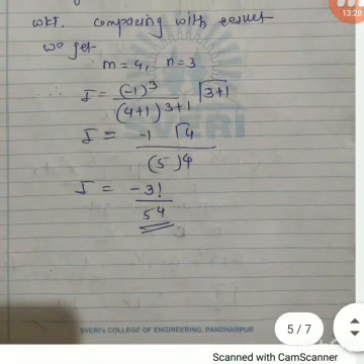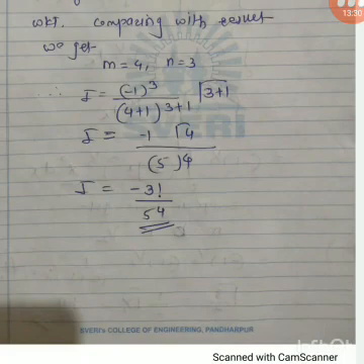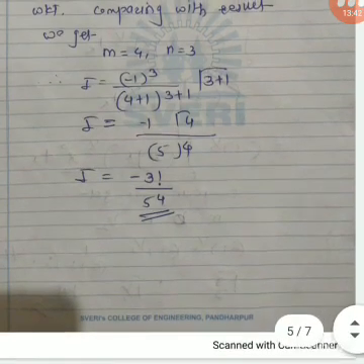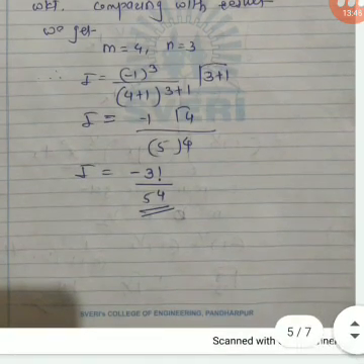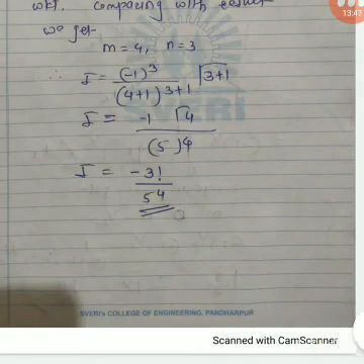Comparison with the result: the power of a single x is m, therefore m is equal to 4, and the power of log x is n, that is 3. Put all these values in the RHS: (-1)^3 gamma of (3+1) upon (4+1)^(3+1).